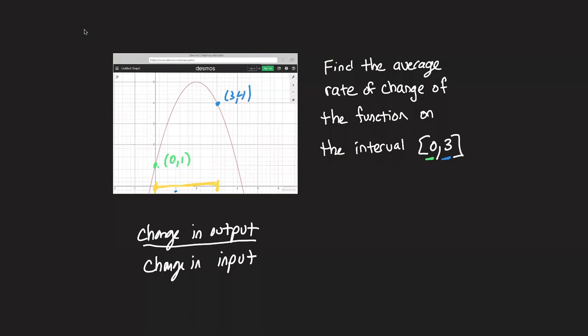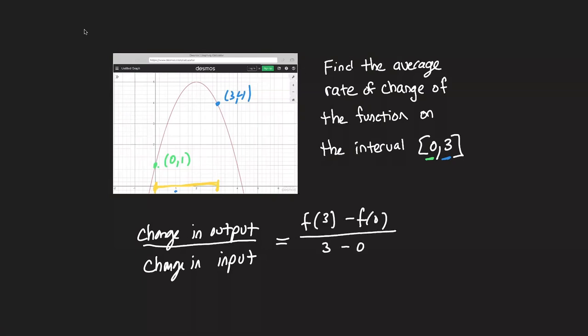So if we put this into our formula, change in output over change in input, I went from 1 to 4, so you could just think about that as 3. But if we wanted to match it up with our formula from before, we would have f of 3 minus f of 0 all over 3 minus 0.